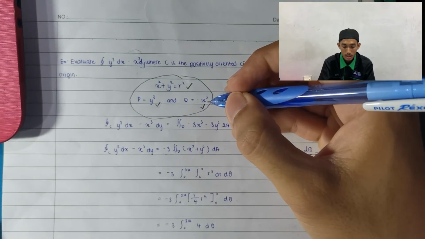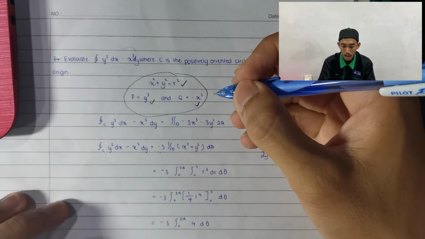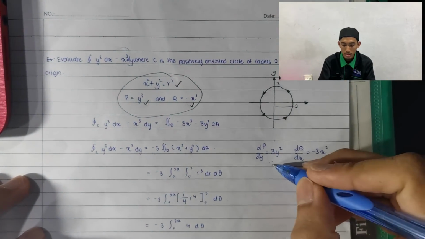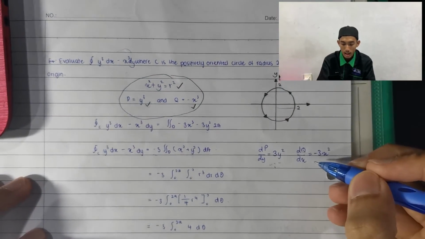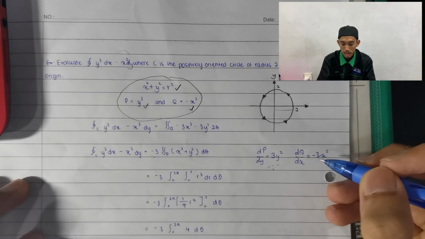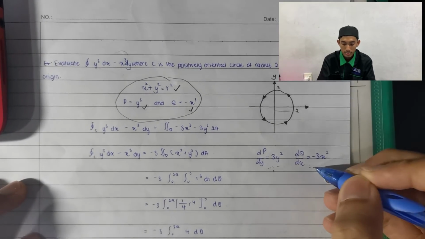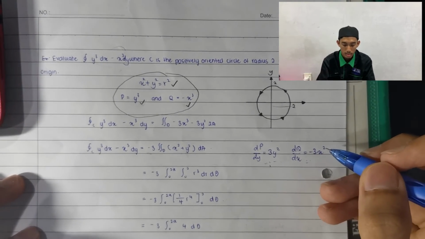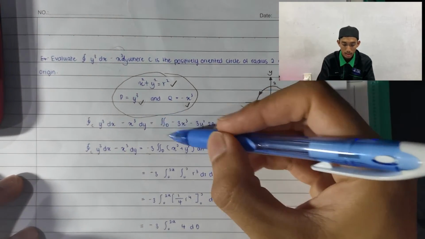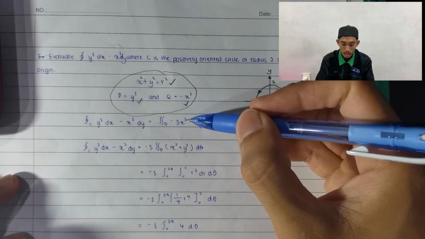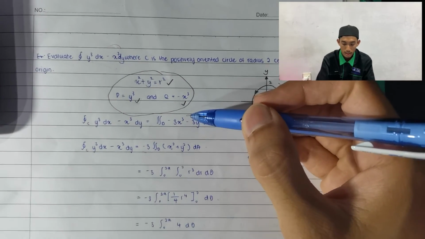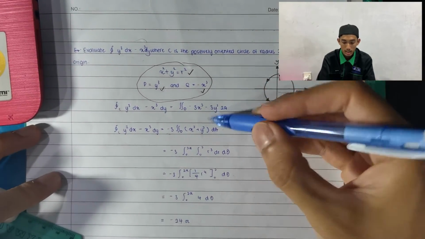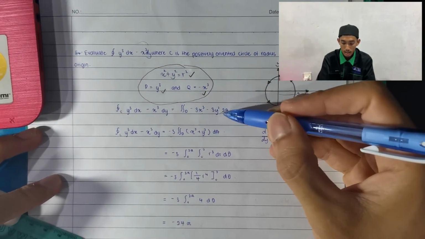For using Green's theorem, I differentiated both P and Q, which is for P equals 3y squared and for Q equals negative 3x squared. Then I substitute both into our new equation, which is the double integral of negative 3x squared minus 3y squared dA.